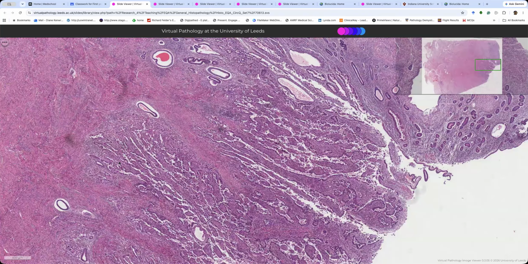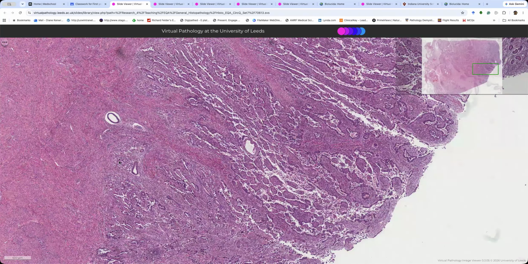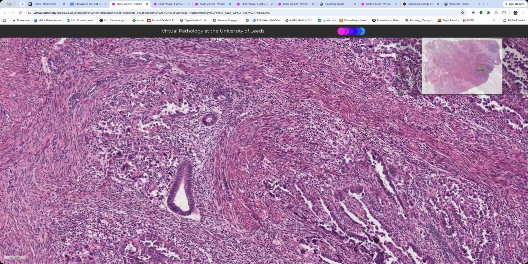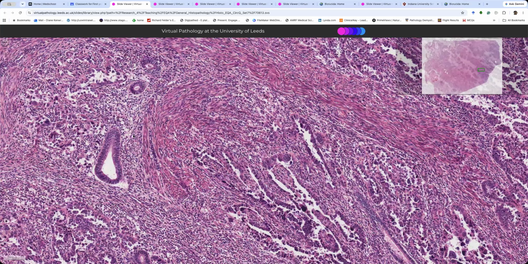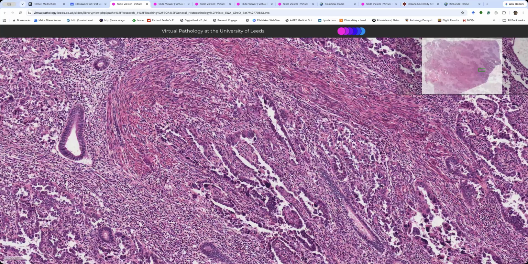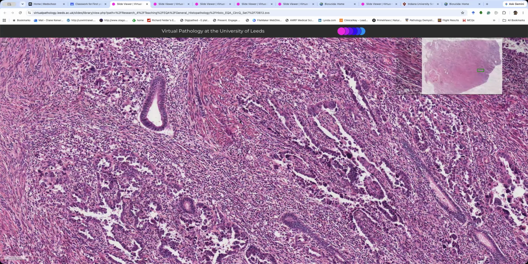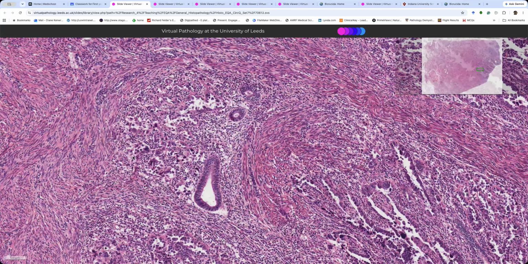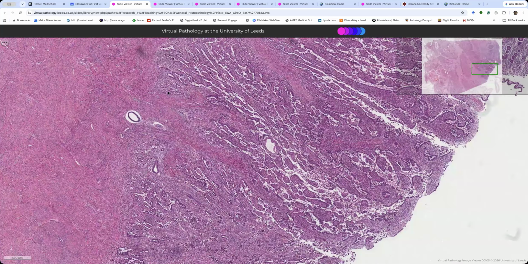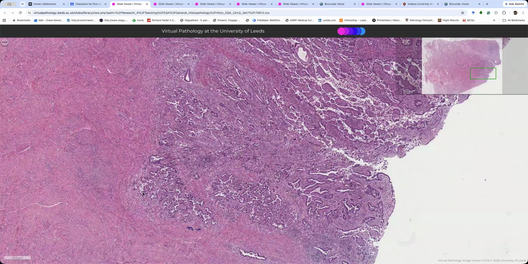Move across. Is this bit invasive? Possibly. Or it could have normal endometrium around it. Is this bit invasive?